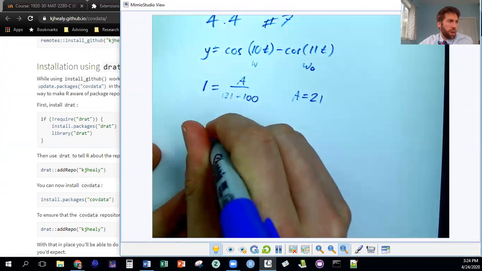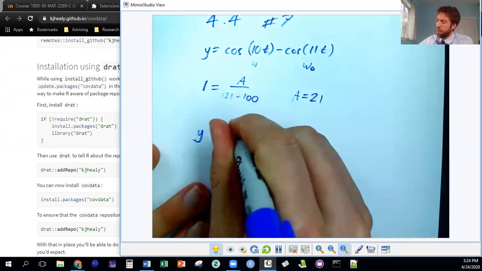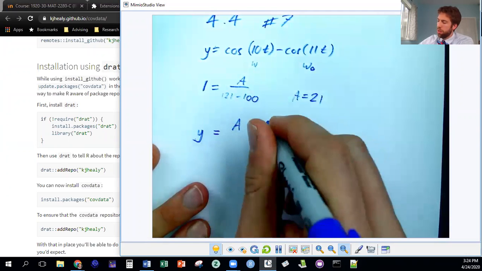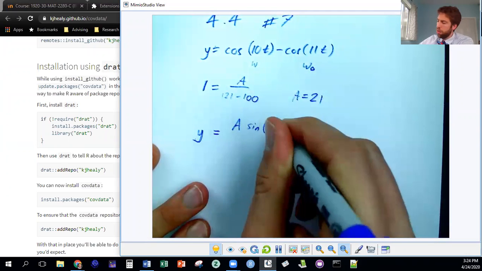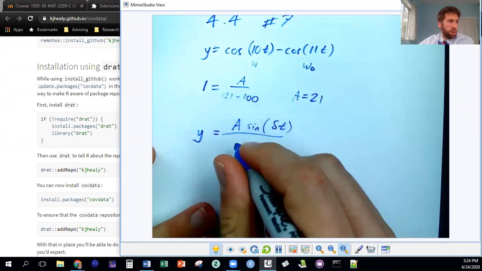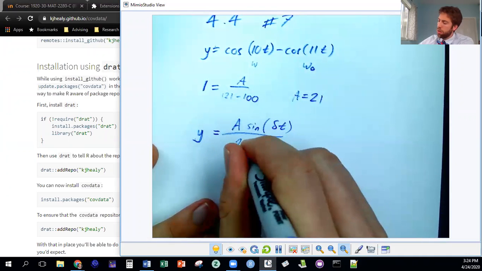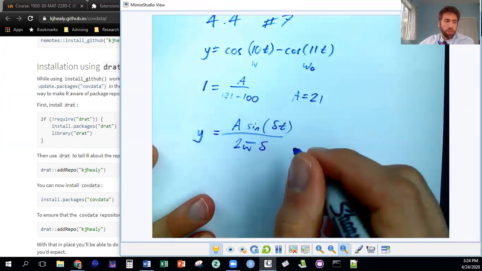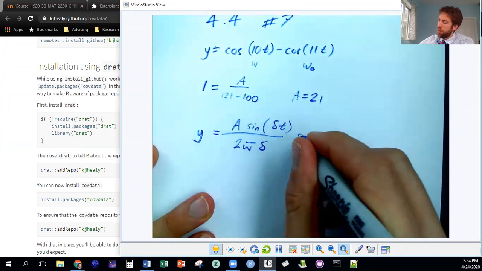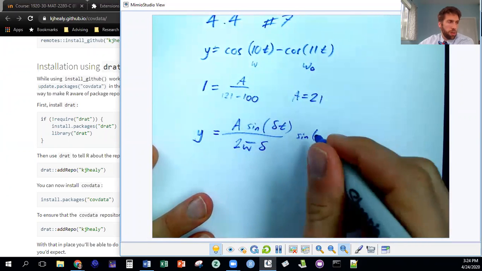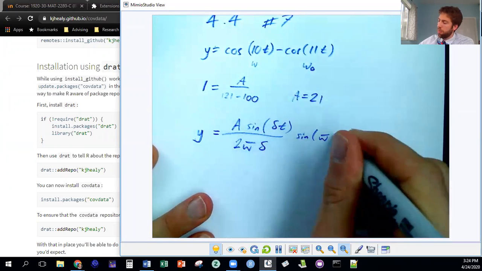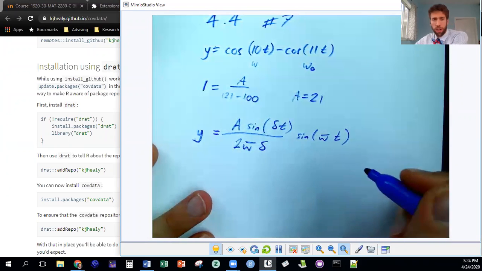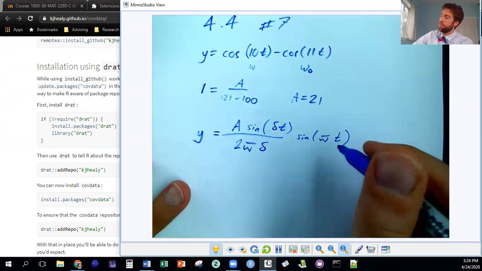Y equals, my formula is A sine of delta t over 2, times sine of omega average t.